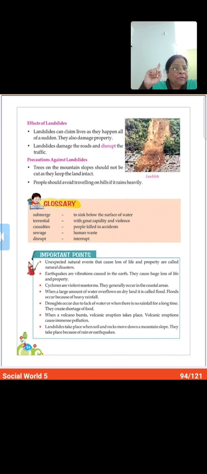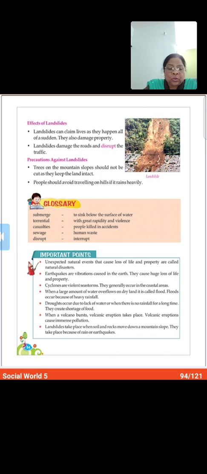So loss of life and property is the main effect of any of the natural disasters because it's sudden. All the natural calamities take place, occur means take place suddenly. So there is loss of property and life.